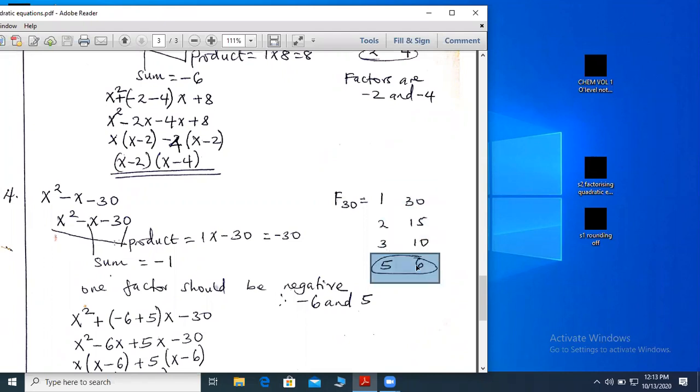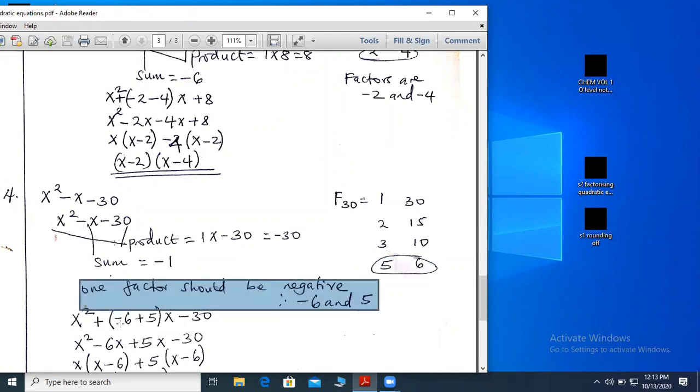When you make one of them negative and one of them positive, since the sum is negative 1, it means it should be 6, which is negative, and 5, which is positive. So the factors are going to be negative 6 and 5. And then you put them here. Where there is negative 6, it becomes x squared plus negative 6 plus 5.